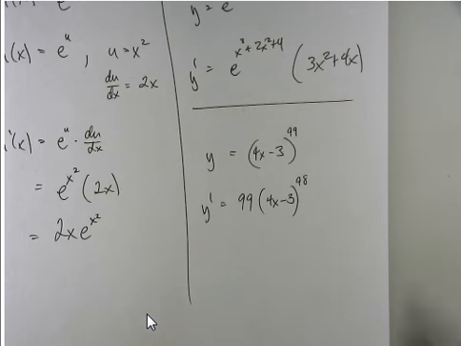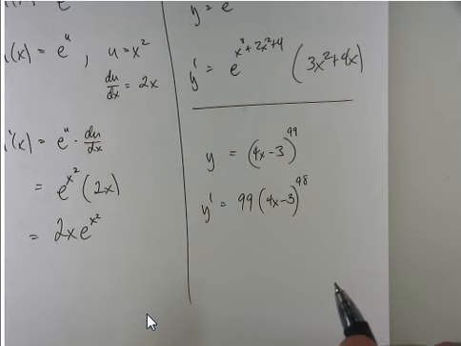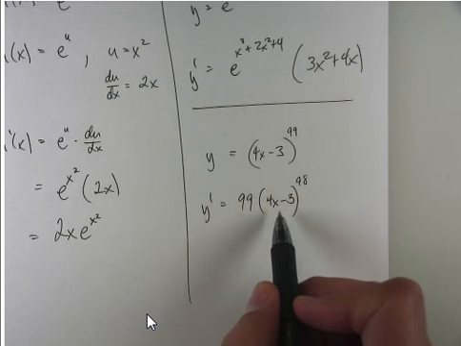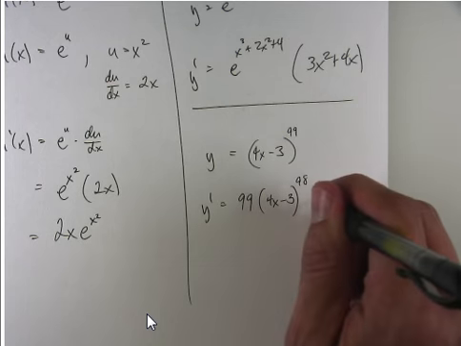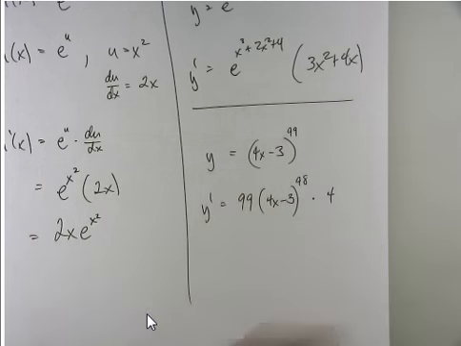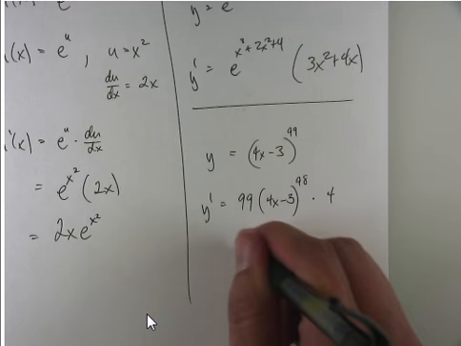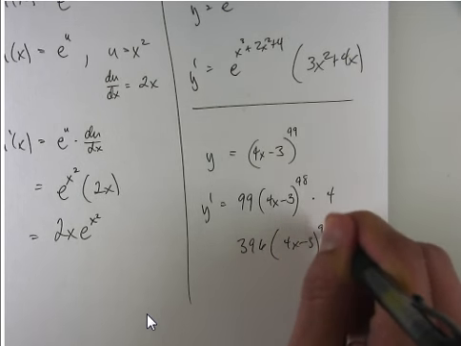So 4x minus 3 to the 99th will be 99 times 4x minus 3 to the 98th. But this 4x minus 3 isn't just an x. It's a 4x minus 3. So I have to multiply by the derivative of that expression, which is 4. So that's going to be 396 times 4x minus 3 to the 98th.